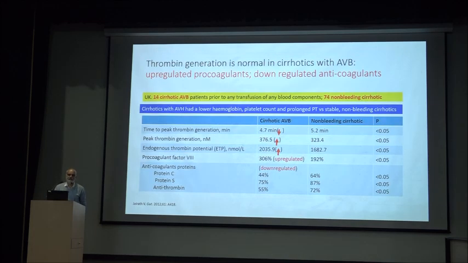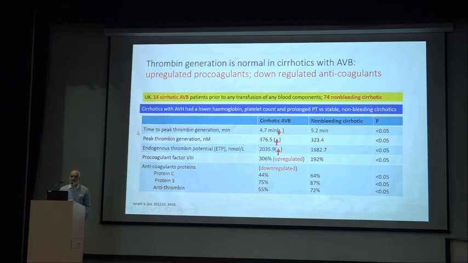But we have to understand that in patients who are bleeding, thrombin generation is normal. As can be seen in this study from the UK, there were 14 cirrhotic acute variceal bleed patients and 74 non-bleeding cirrhotic patients. And as expected, cirrhosis with bleeding had lower hemoglobin, lower platelet count and prolonged PT interval.